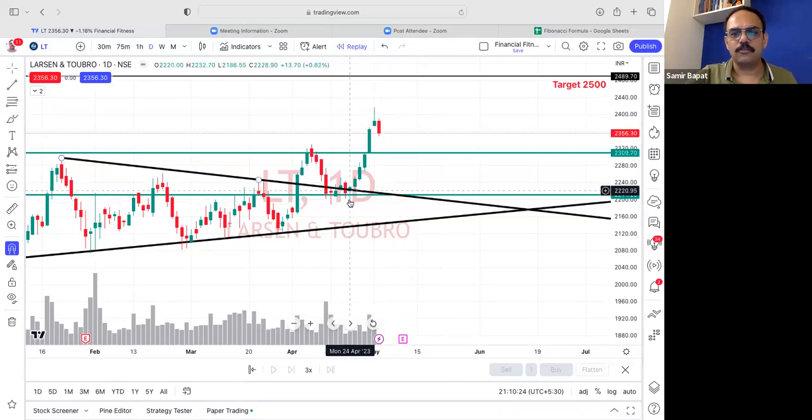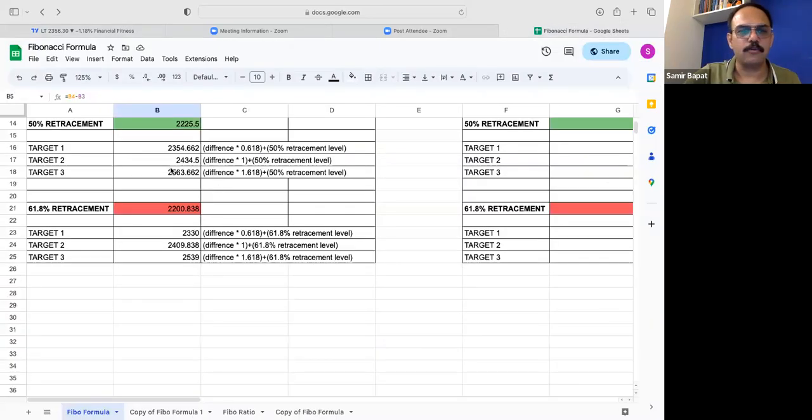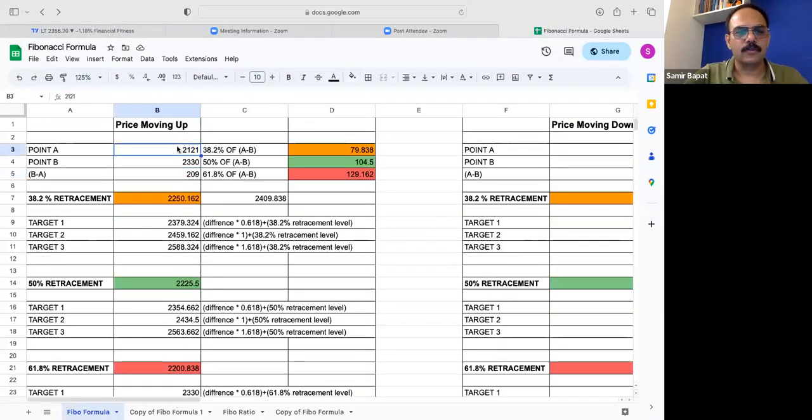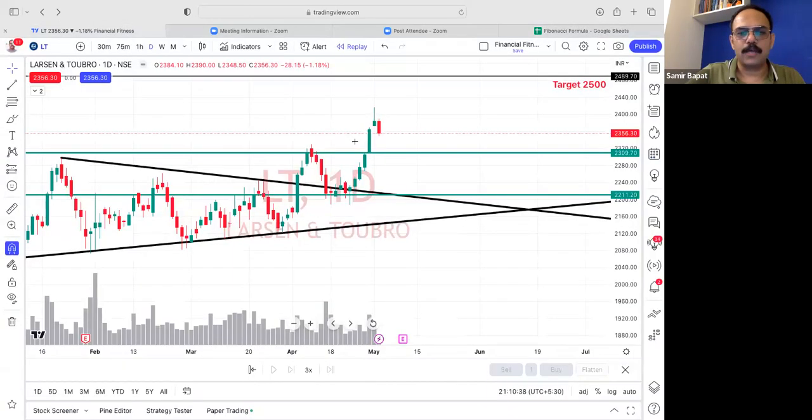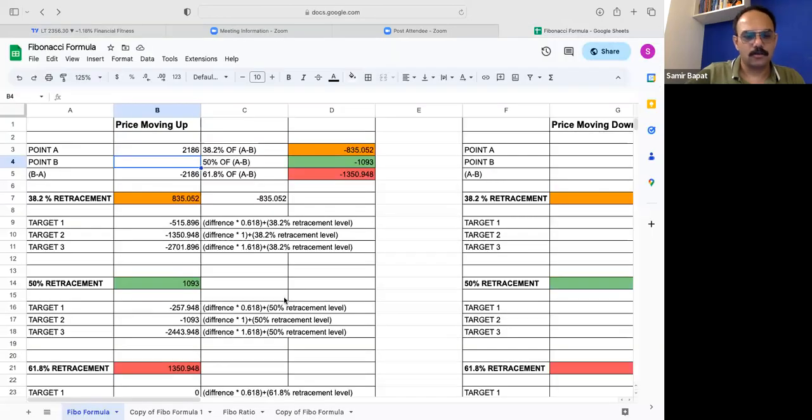Let's put this value. So I'll take the low of 24th April, 2186, and I'll put it here, 2186, and then point B I'll put as 2416. So the 230 retracement is 2328.